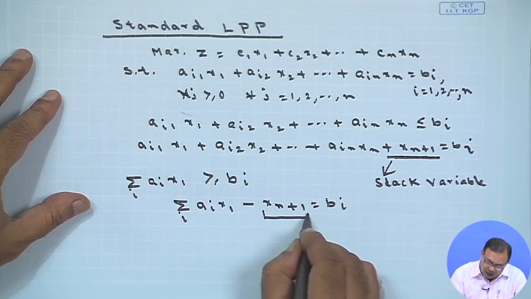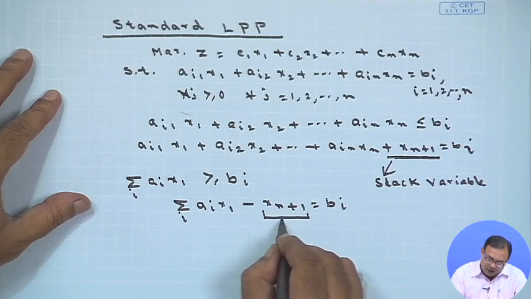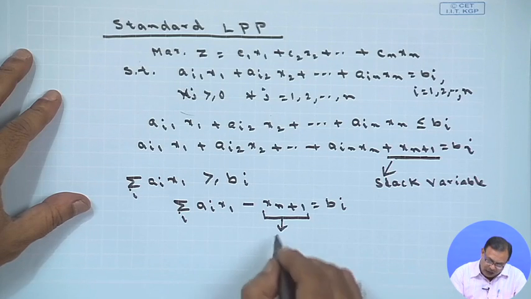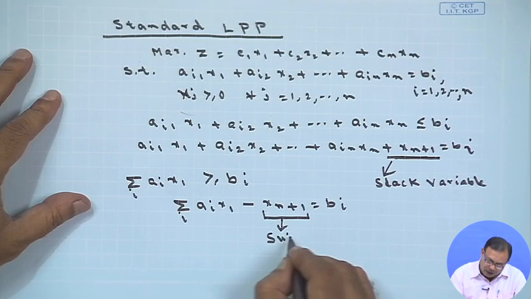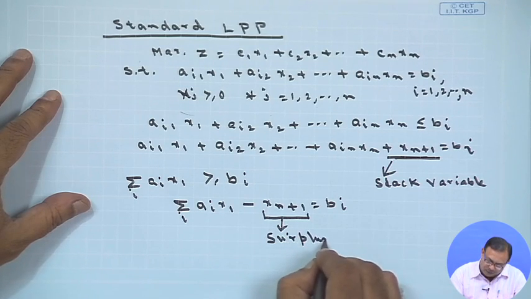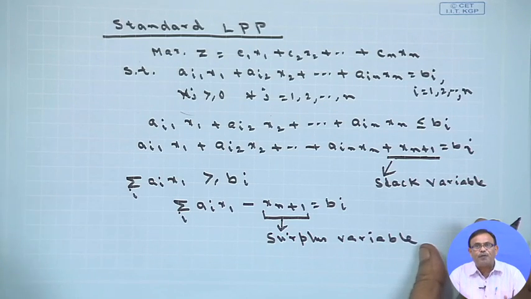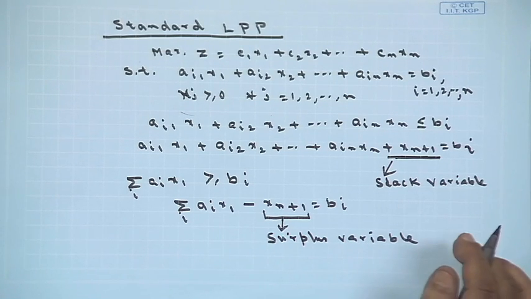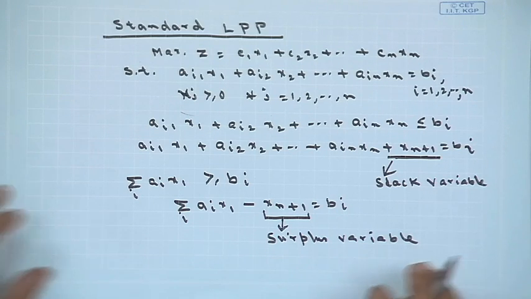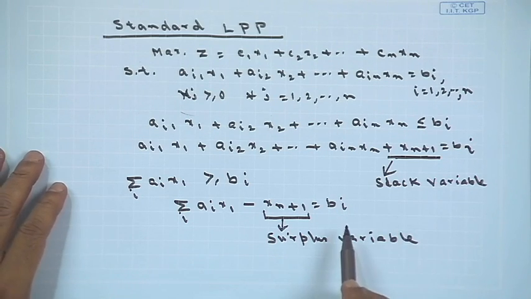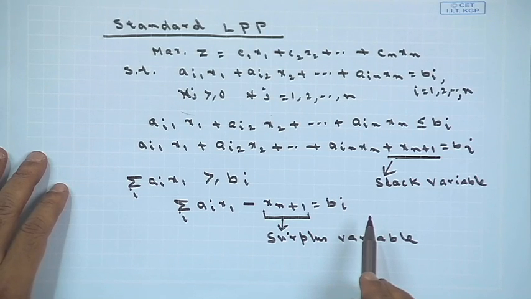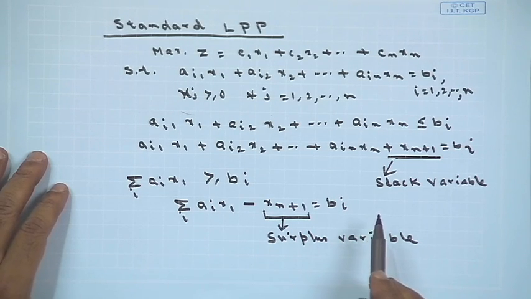This variable we are subtracting to make it an equality, and this variable is known as the surplus variable. So, we are using the slack variable and the surplus variable to make an inequality type of equation into an equality type of equation.